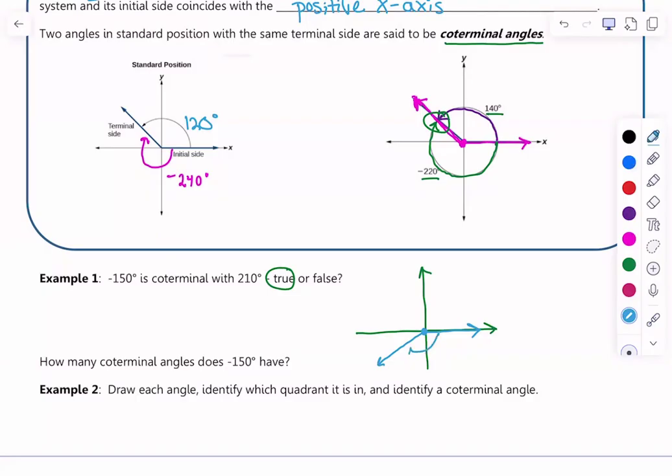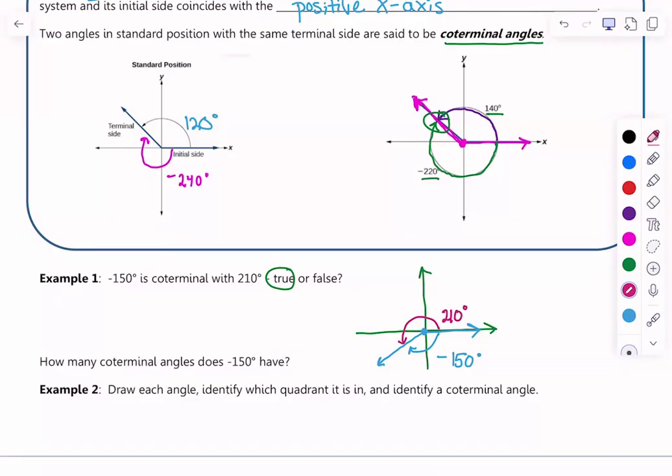Giving myself that direction piece, this is negative 150 degrees. And the rest of this would be the completion of the circle, so 210 degrees.